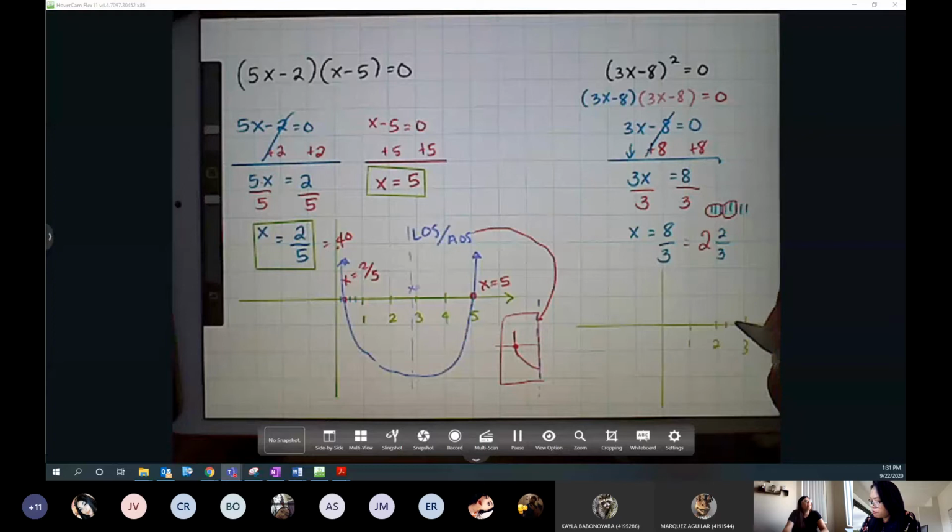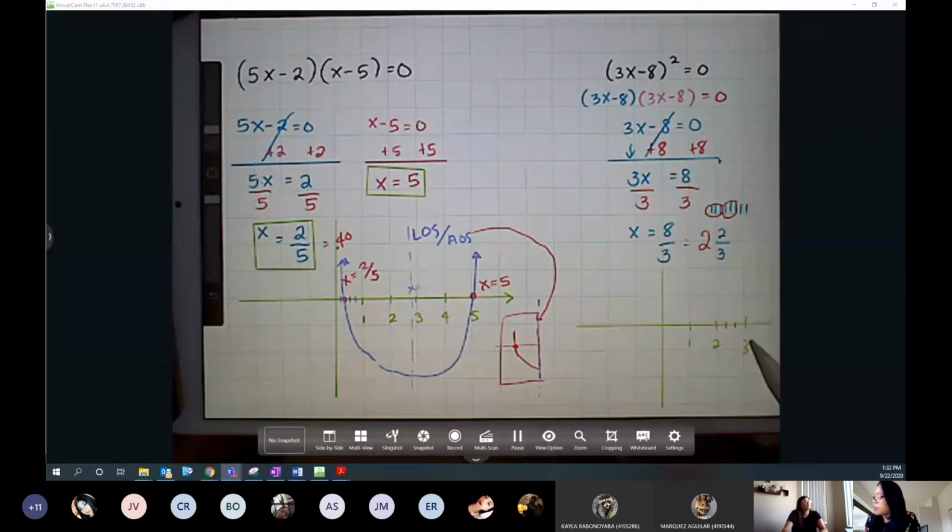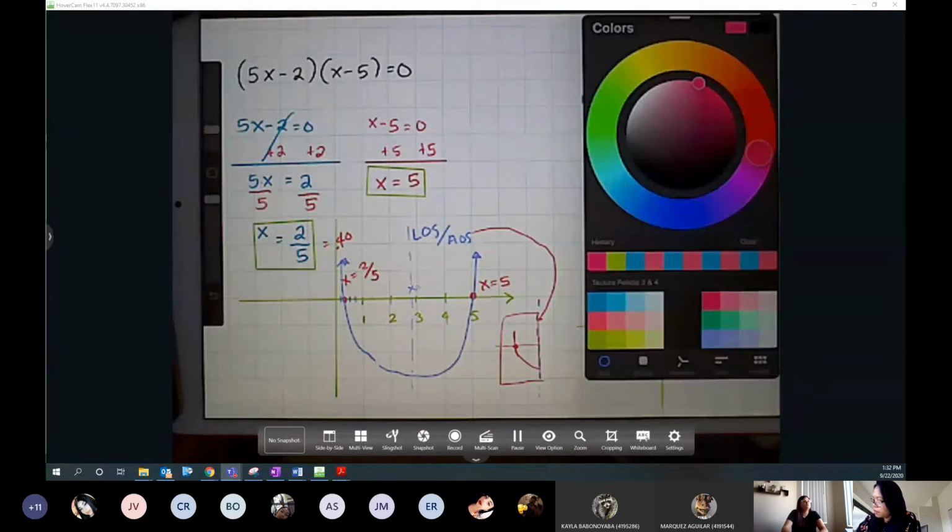Earlier it was 5 because 5 is the denominator, but this time the denominator is 3, so we're going to have to do it into 3. And then, so the 2 is here, and the 2/3 would be taking the second. So this is our x equals 2 and 2/3. And then we have 2 of them, so it's the same space.